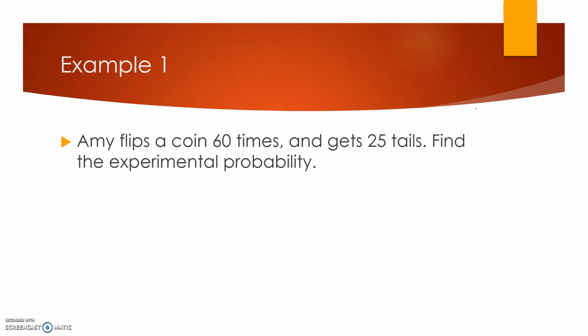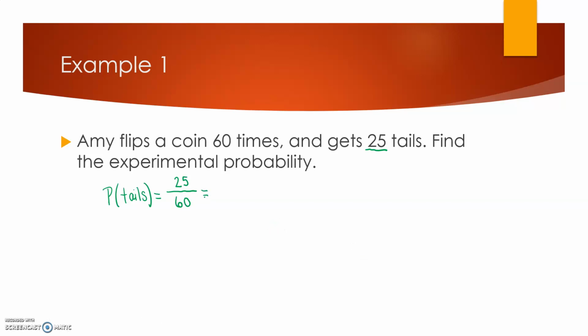So Amy flips a coin 60 times and gets 25 tails. Now, if I just said, what's the probability of getting tails? You would say 1/2 or 0.5, because either you get heads or you get tails. There's only 2 outcomes. But this time we're going to use what's happened. So we're going to say the probability of getting tails, again, is equal to the number of times that she did get tails over the number of times she flipped the coin.